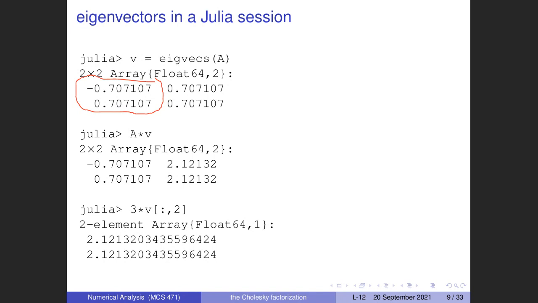If we do the matrix vector multiplication, you see that the first column of the product is the same, but the second column has changed. Now we can verify that the second column is 3 times the second column of that matrix V.